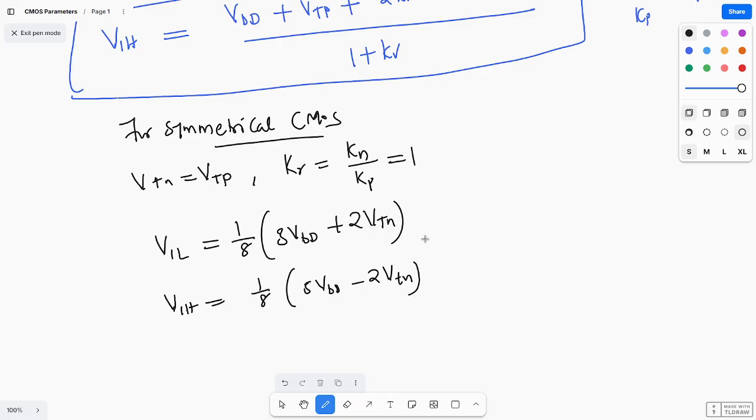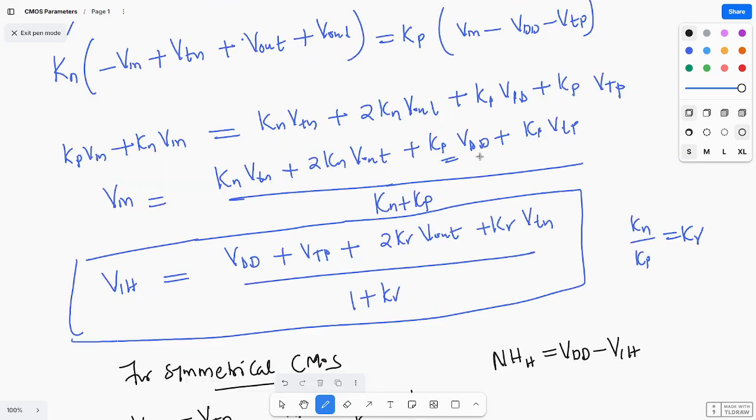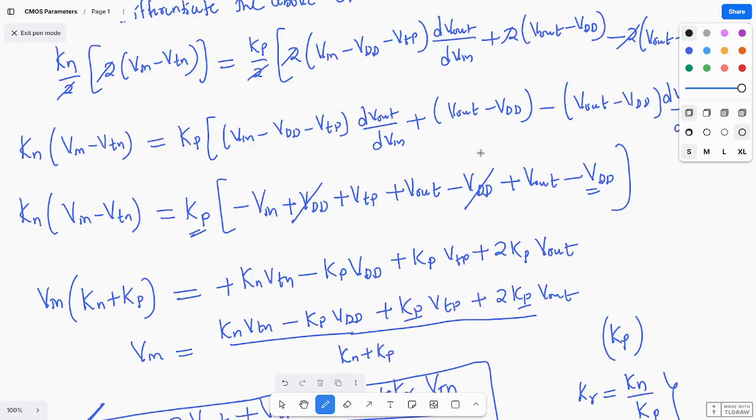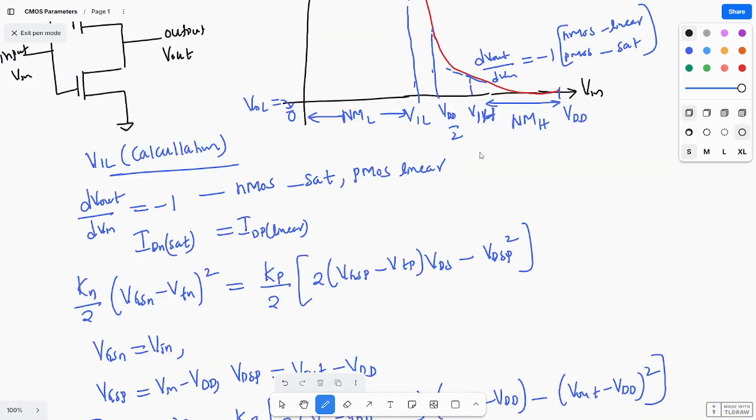And what is NMH? Noise margin high equal to VDD minus VAH. So if you see this one, this is NMH: VDD minus VAH.